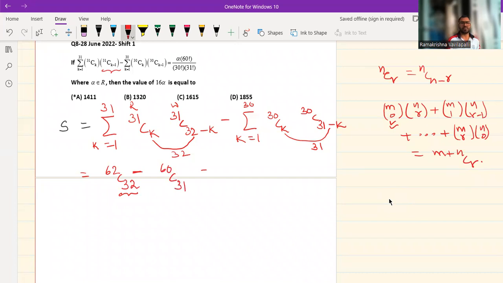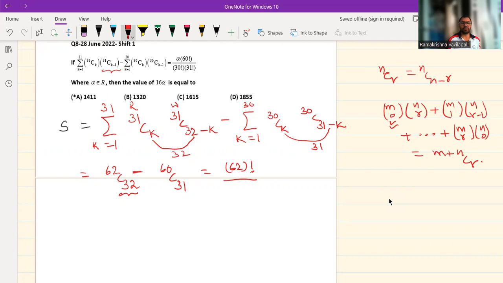Well, we have to simplify this, 62 factorial by... Here also 31 balls cannot be selected from 30 red balls and 30 white balls. So there is no 30C31; its value is 0.